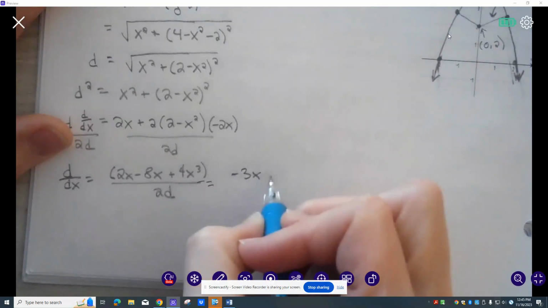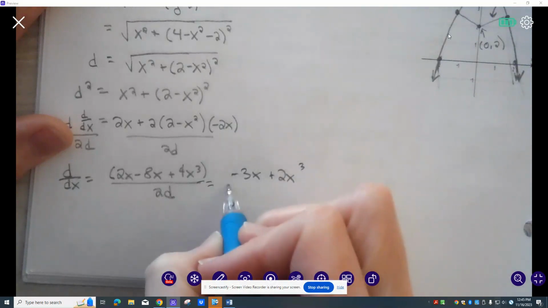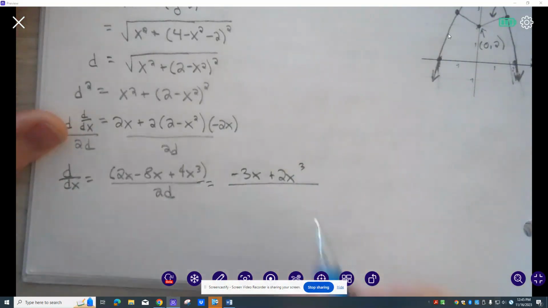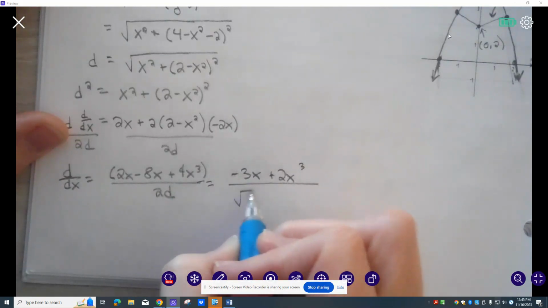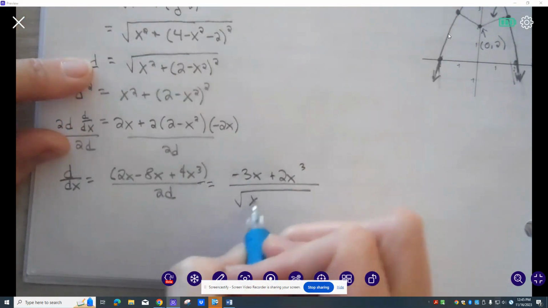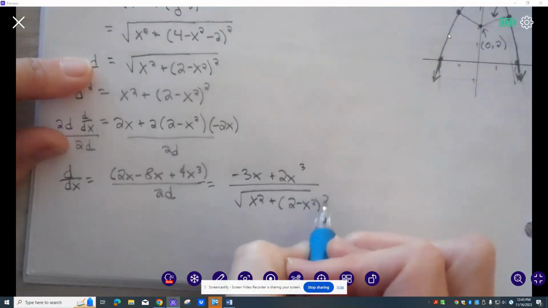Sorry. Minus 3x plus 2x to the third over 2d. So I divided that 2 already. D is x squared plus 2 minus x squared squared.